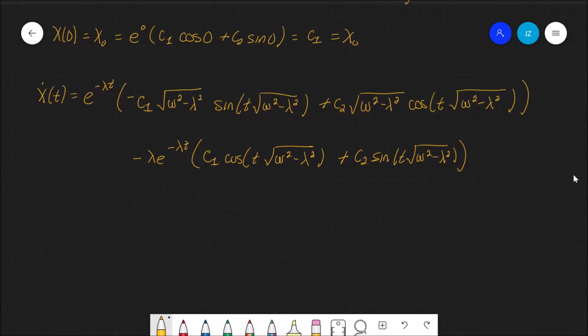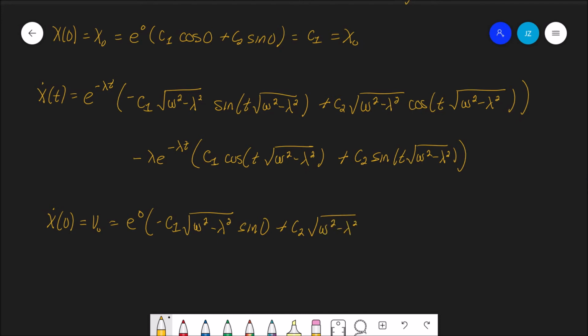So using the condition that x dot of 0 is v naught, we get e to the 0 times negative c1 square root sine of 0 plus c2 square root cosine of 0 minus lambda e to the 0 times c1 cosine of 0 plus c2 sine of 0.